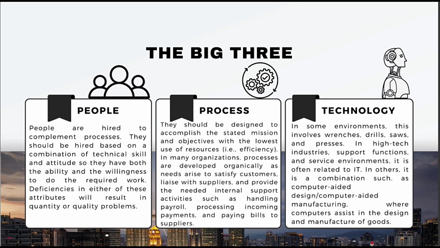Workers may contribute to process complexity over time without realizing it, leading to inefficiencies such as duplication of effort, excessive handoffs, and reliance on outdated paper-based systems. This accumulation of inefficiencies can impede productivity and hinder organizational performance.